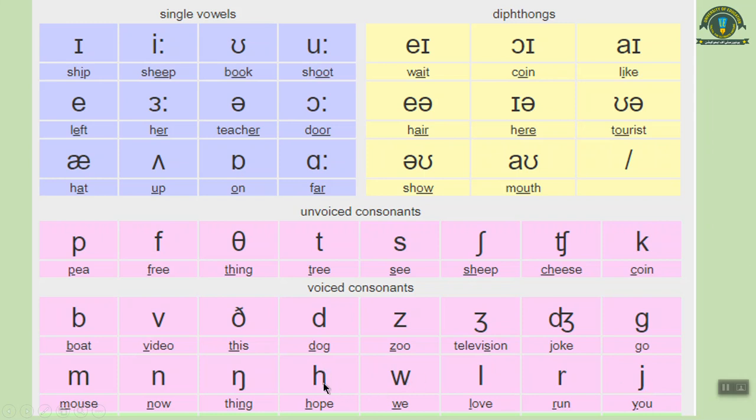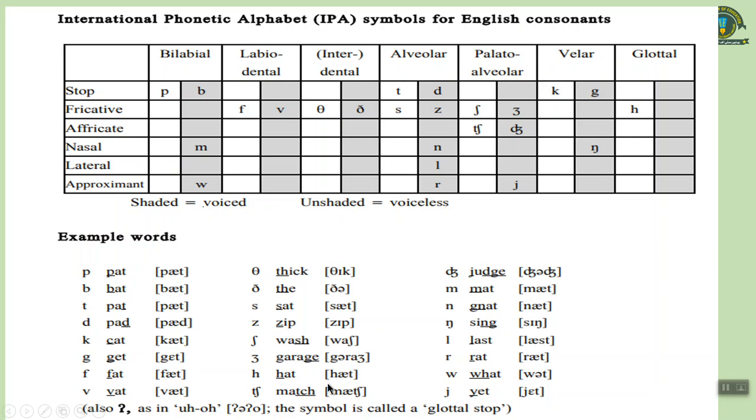And h has been written here. It is sometimes voiceless and it is sometimes voiced. When it is coming between vowels, it will be a voiced sound. When it will come in the beginning of a word, it will be a voiceless sound. Now here is the chart where the sounds have been divided according to their place and manner of articulation.